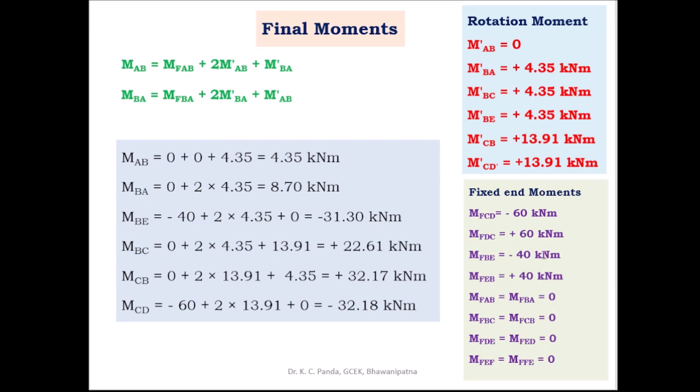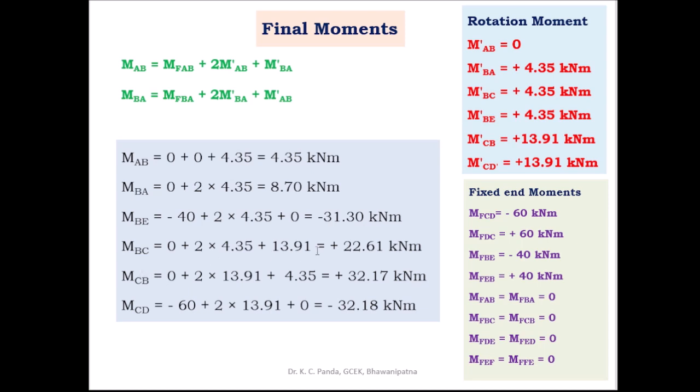MFBE is minus 40, twice M dash BE is 2 into 4.35, and M dash EB is 0 due to the fixed end. This is equal to minus 31.30 kilonewton meter.